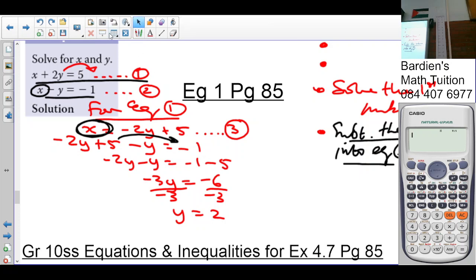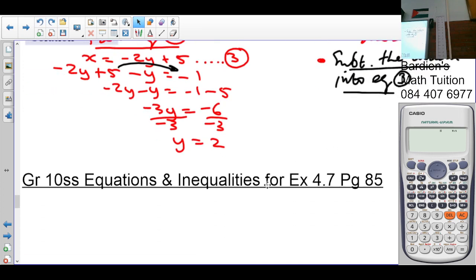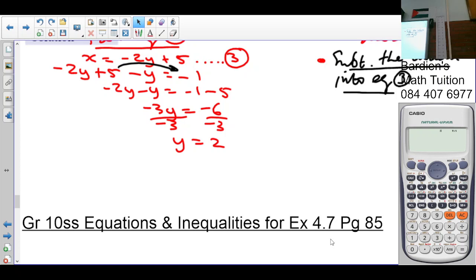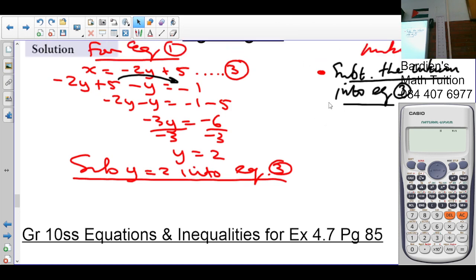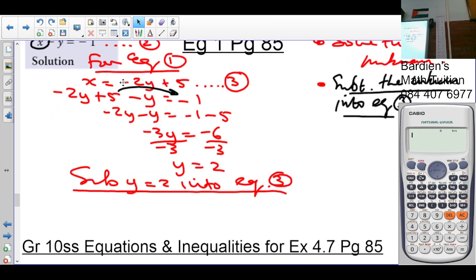Right. So let's do the substitution. What do we get? So now we're going to substitute y is equal to 2 into equation 3. But it's going to go into equation 3.